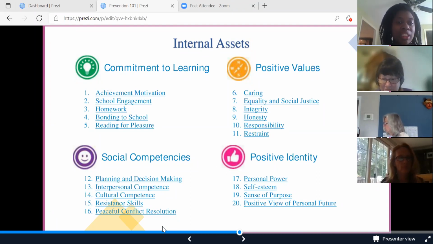Positive values such as integrity and honesty, personal responsibility. Social competency is things such as having positive planning and decision-making skills, as well as being able to peacefully have conflict resolution. Lastly, they have positive identity, where they have a good sense of self-esteem and they have a sense of purpose within their life.